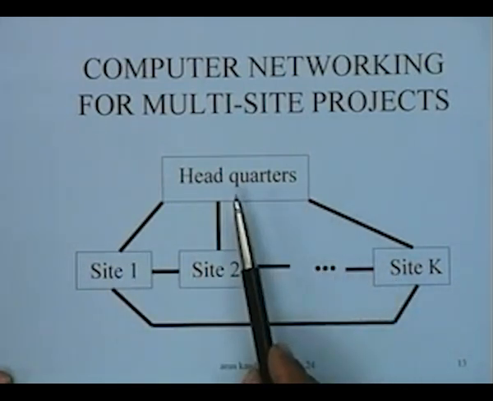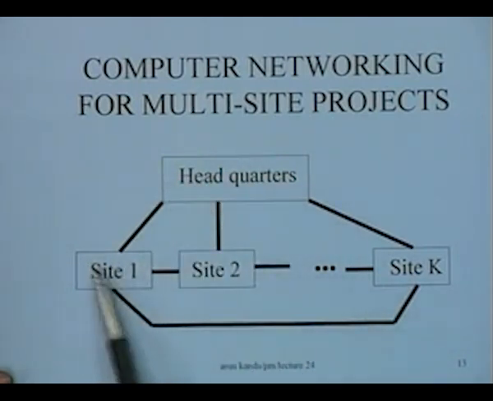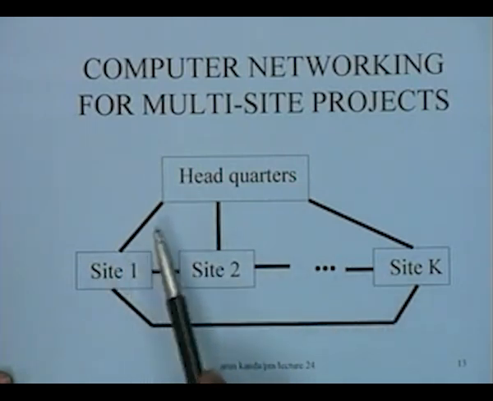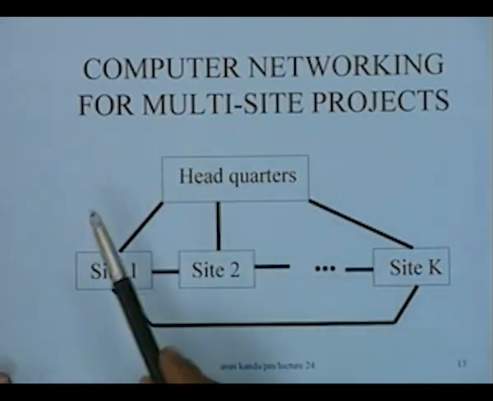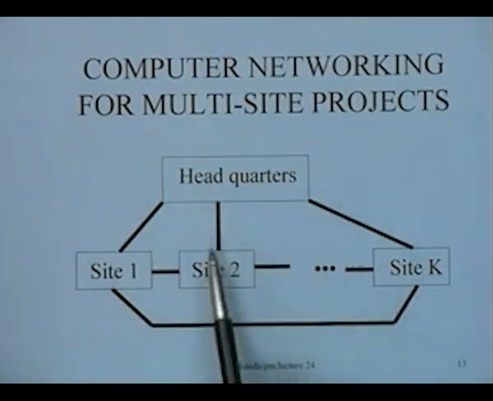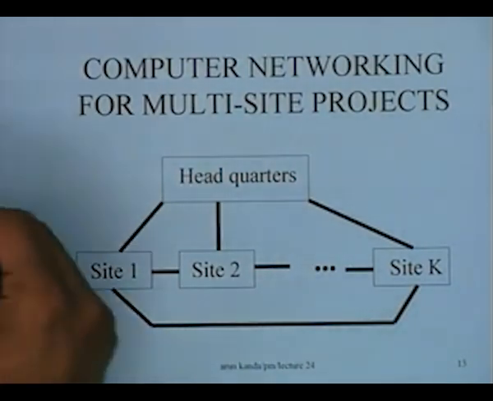So some project planning is being done here, and these sites either independently develop plans and communicate, and then ultimately the whole information is brought together. This has become very popular, and both the software and the availability of the computer network connecting all these have made multi-site project management not only a reality but a big success. Because you can exploit the advantages of the individual sites, cheap labor in one place, more technology available in another place, and so on, and then network them.